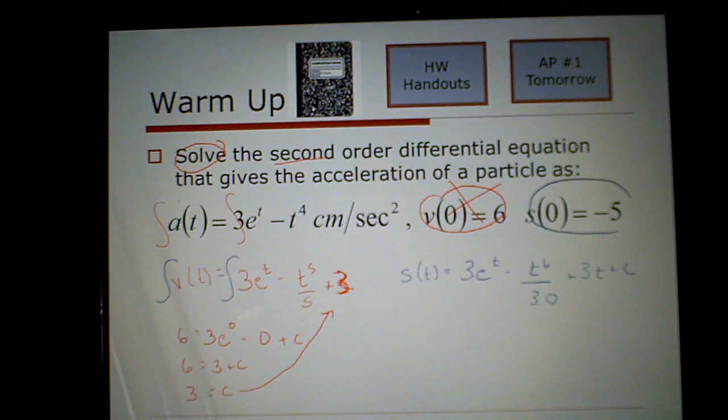Now import the initial position condition, which is negative 5 is equal to 3e to the 0 minus 0 plus 0 plus c. So again, e to the 0 is 1, 1 times 3 is 3, subtract 3 from both sides, and I get negative 8 is equal to c.